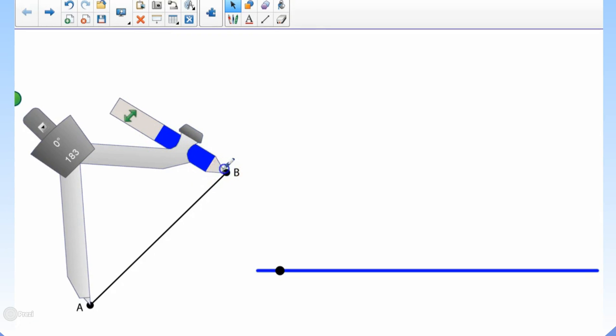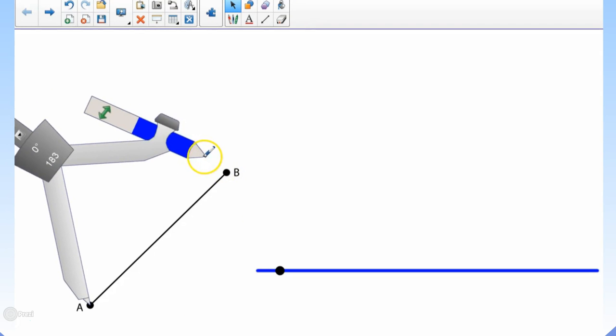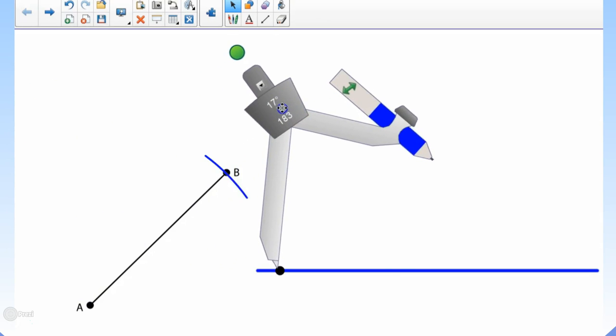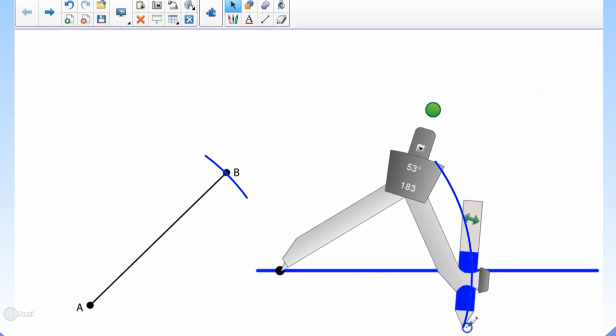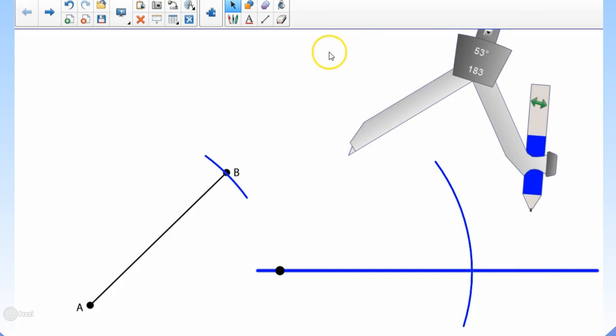And I can make an arc like that, just to show that I did it. And then I'm going to bring my compass over here and make an arc across that segment or line that I drew before.